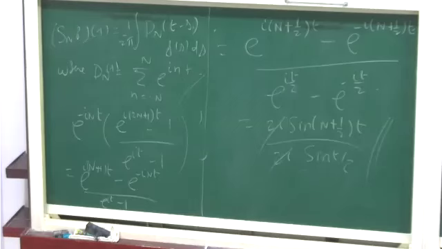So as n goes to infinity, you will have an n which will also go to infinity. Corresponding to this n, we will get some n, so that I can write it as n pi. There is a constant, I call it k.